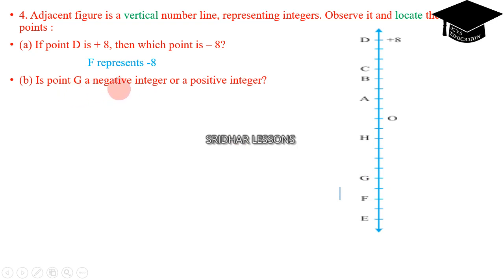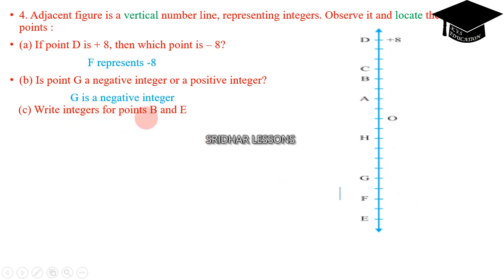Is point G a negative integer or positive integer? We have to check whether it is in the upward direction or in the downward direction from the origin. Since it is in the downward direction, G is a negative integer.